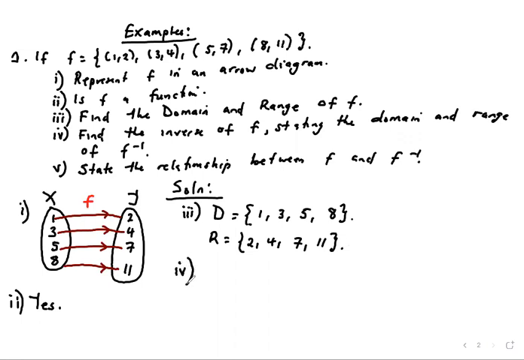So we're learning the properties of this function in this example. Five, find the inverse of F. To find F inverse in these types, we don't solve. You just go to the same F and you switch. Instead of saying 1, 2, you say 2, 1. Instead of saying 3, 4, you say 4, 3.